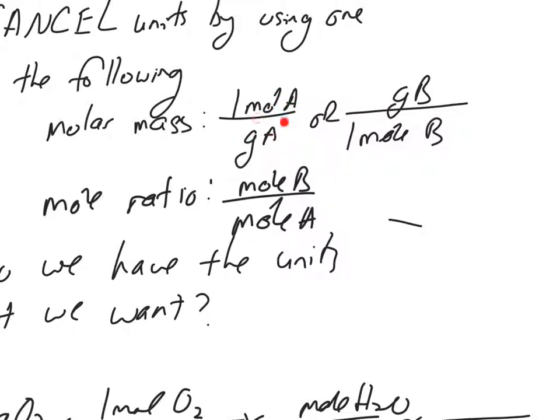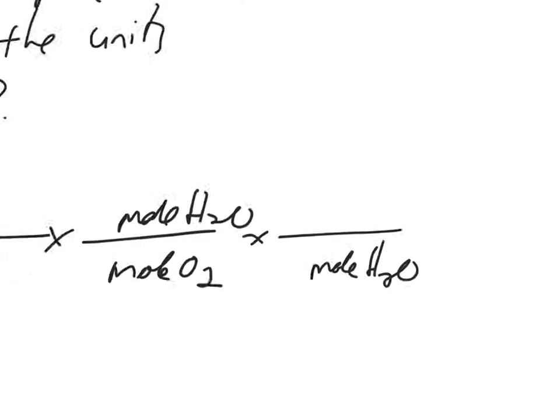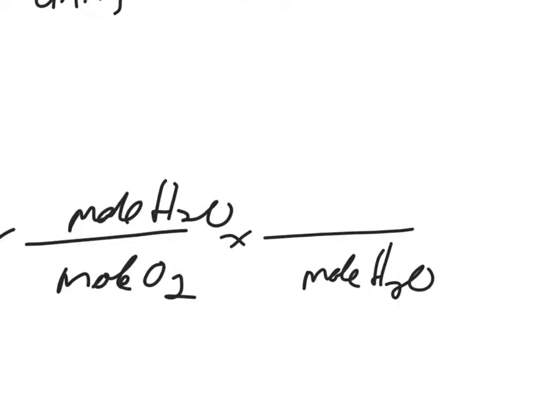Well, that's A, and A were the given ingredients, yes? Now, I want to go to ingredients B so that I can be finished with the problem. So I go back down here, and I can go ahead and write grams of H2O following my directions. And once again, that's always a 1, and all I need left is to find the molar mass of H2O from the periodic table.